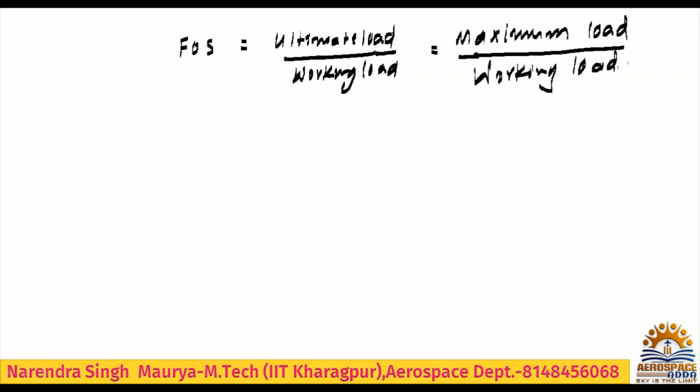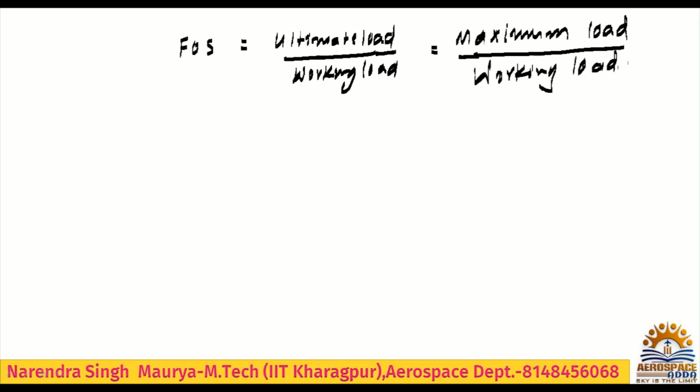But at that time you should know the factor of safety, because if you don't know it and continuously increase the load on that component, you may not know at what condition it will fail.